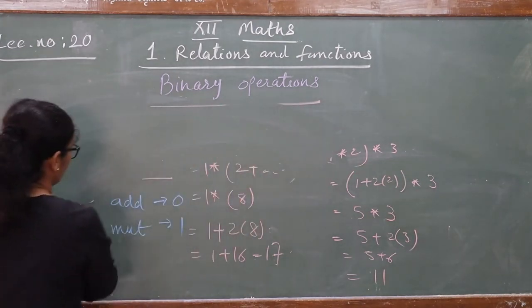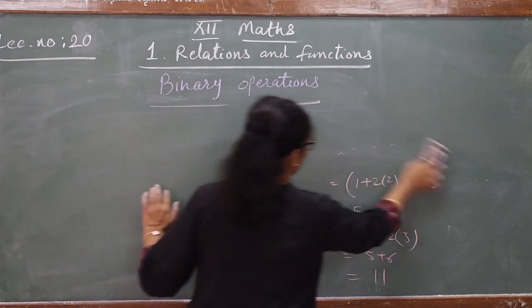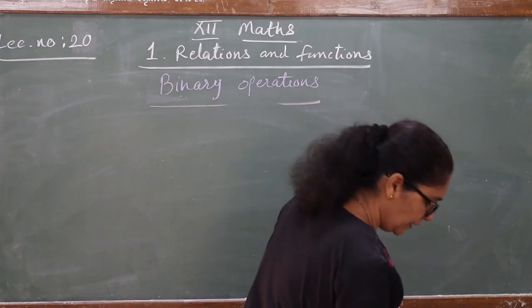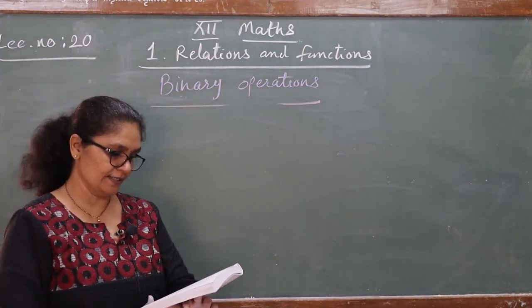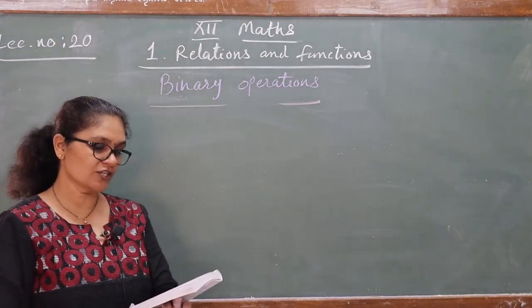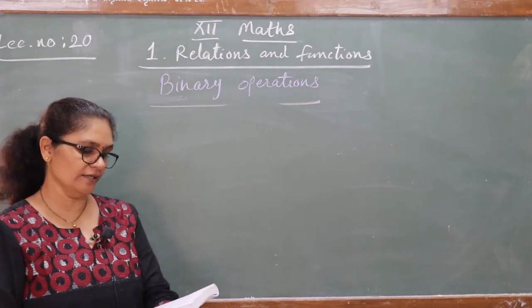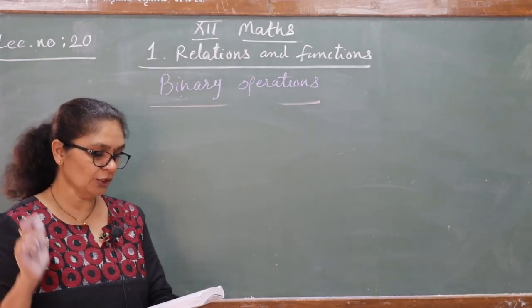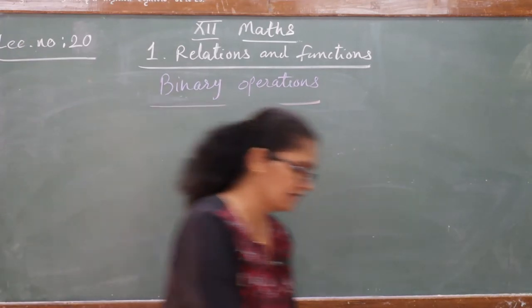Now check the next question for binary operations. What is your next question? It is mentioned that 0 is the identity for addition on R and 1 is the identity for multiplication, but there is no identity element for the operations of minus and division.